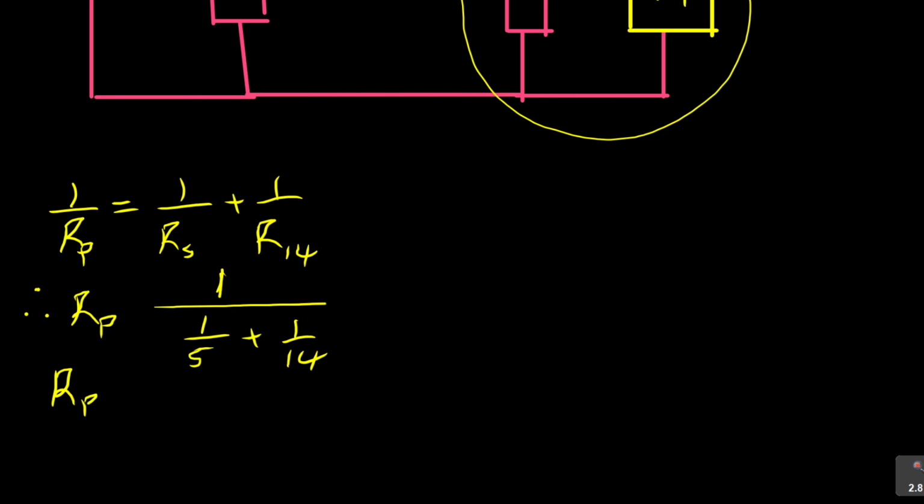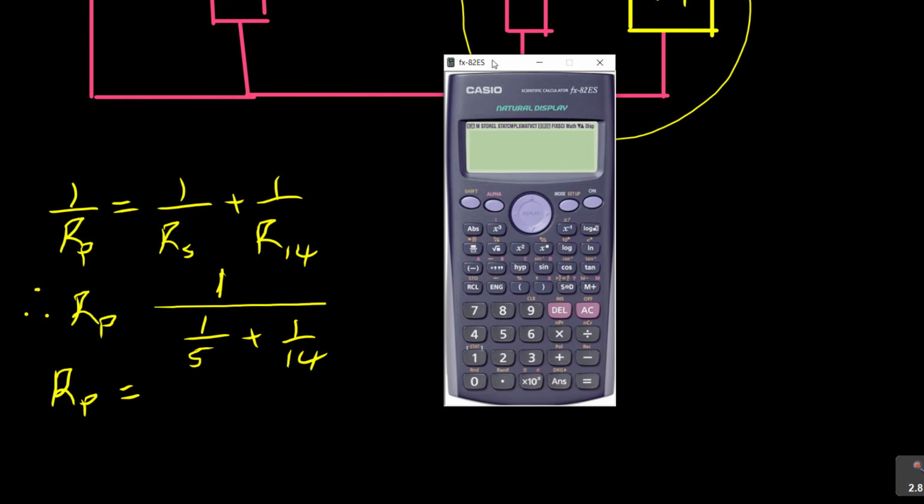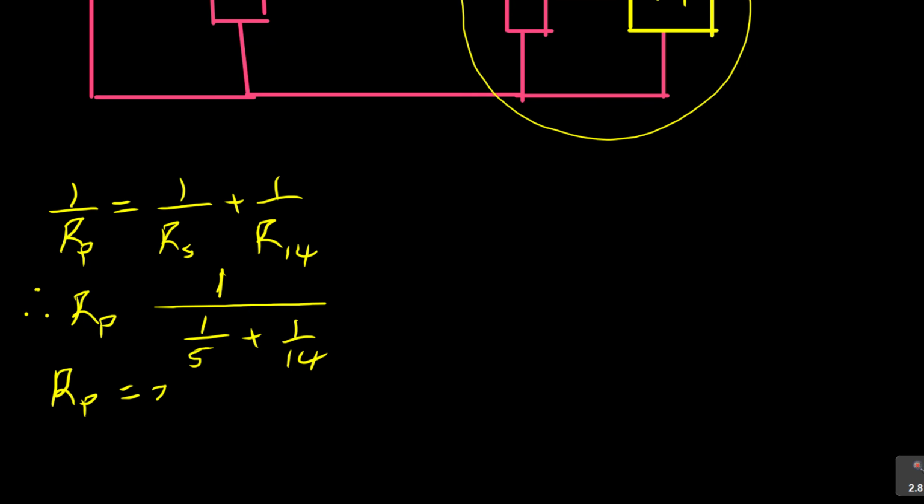So what's my RP? Then I do that and use the part that says 1 over, and then remember it's 1 over and 1 fraction again. 1 over what? 5 plus 1 over 14. Do you see that? Because it gives you now your total resistance, which is 3.864.